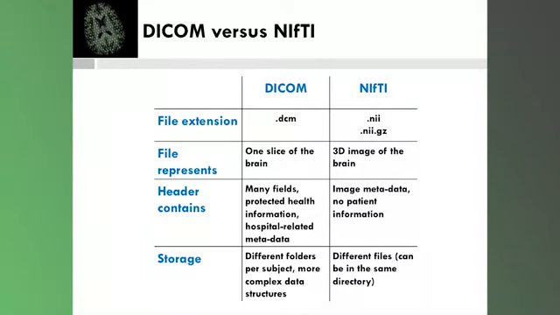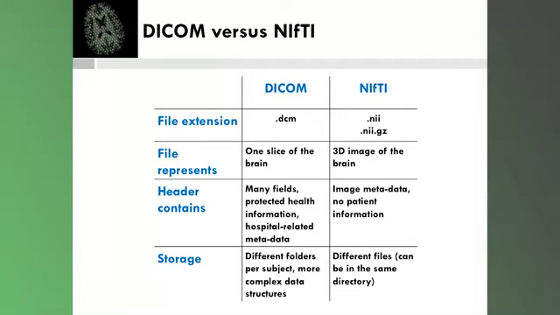In the DICOM, the header contains many fields and has protected health information as well as hospital-related metadata. In contrast, the header for the NIfTI doesn't contain patient information, but it does have the imaging metadata, such as the pixel dimension that we looked at in the last lesson.